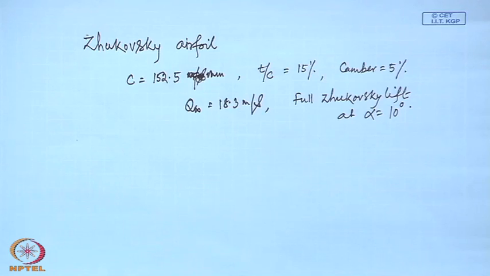What I have discussed earlier? Since we are not in a position to solve flow over the airfoil directly, we have to transform this airfoil to a circle, which we did by Joukowski's transformation. So, the first thing is we have to find the circle, along with the parameters of the transformation.